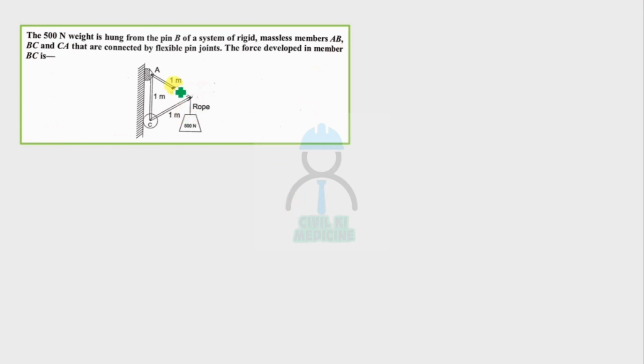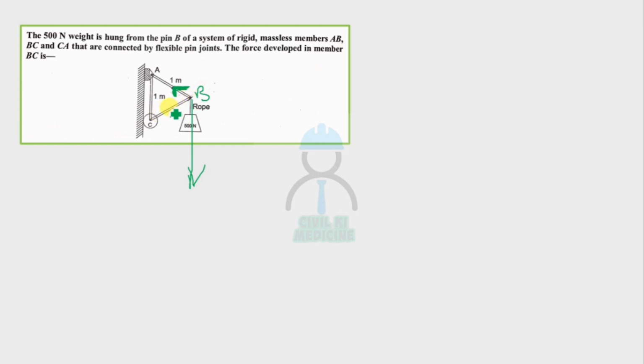Here, see carefully, from point B, a mass is hanging downward. Due to the weight of 500 Newton, in the AB member there will be a tension force in the inward direction, like this. In the other member there will be a reaction force outward, and this member will be compressed.